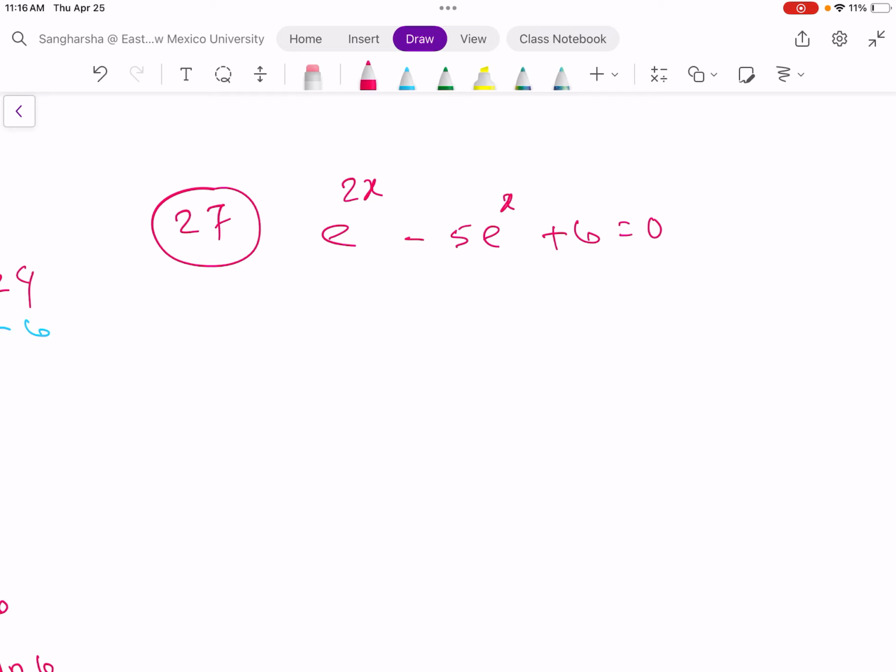What would be our very first step here? Our 6 is not an exponential expression, so let's subtract 6 on both sides. So we have e to the power 2x minus 5 e to the power x equals negative 6.